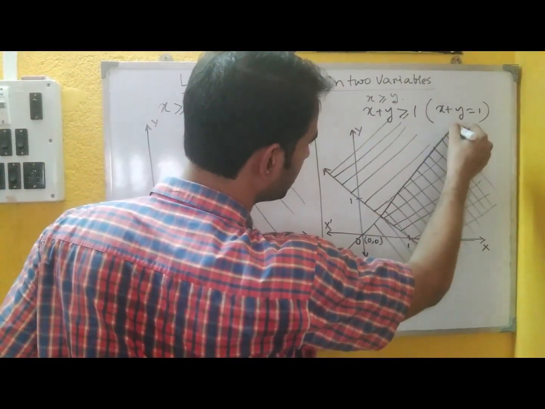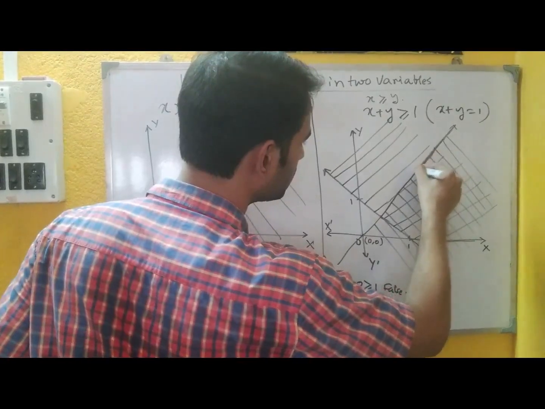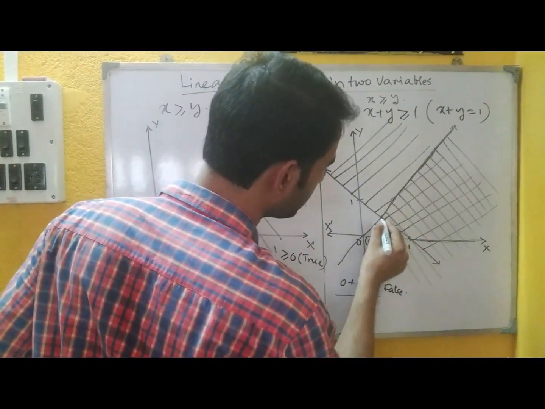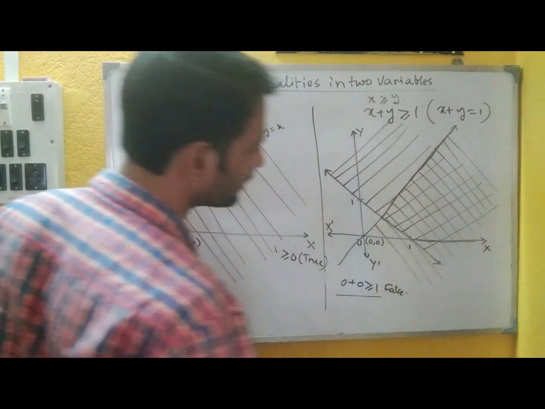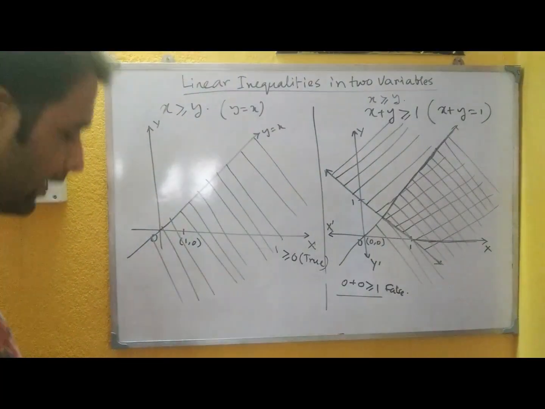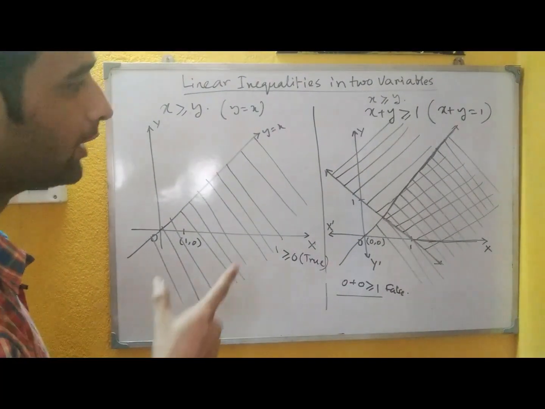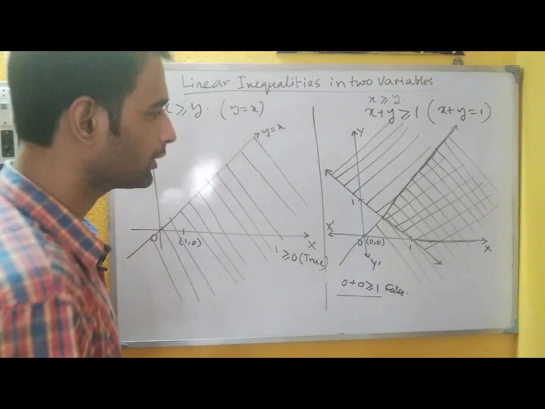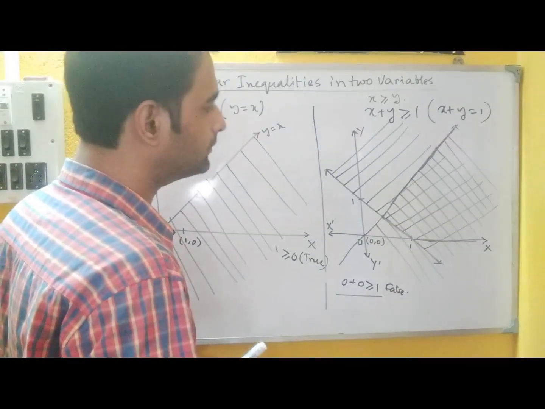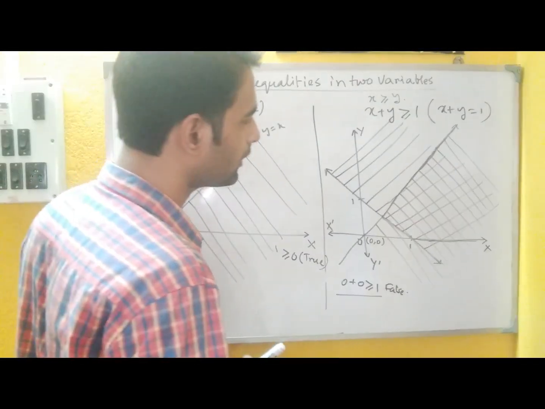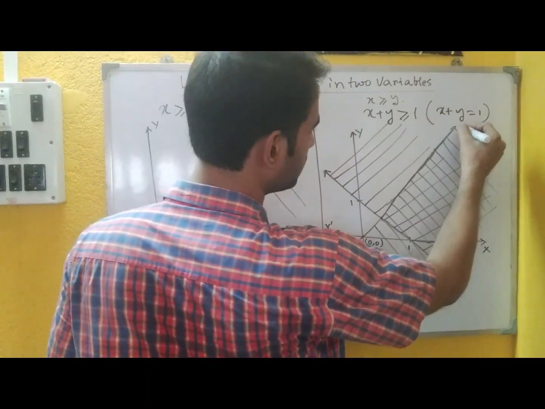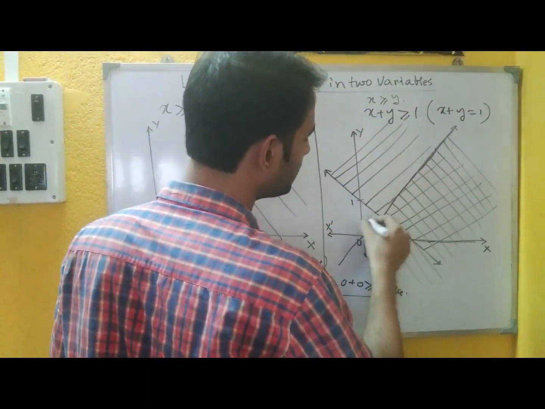This triangular portion, this one and this one, is having the overlap portion. So that overlap region will be the solution region here, and we will express this by naming the points.